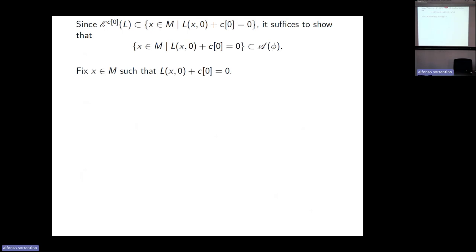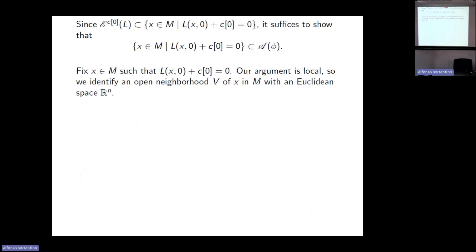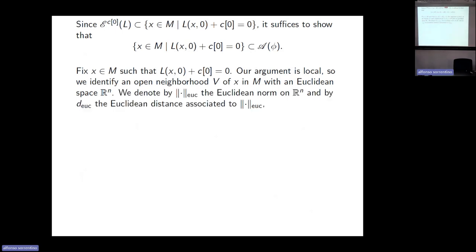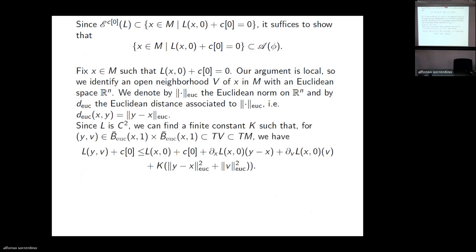Now, fix x in M such that L(x,0) plus C0 is 0. The argument is local, so we identify a neighborhood V of x in M with an Euclidean space, and we will use the Euclidean norm and the Euclidean distance on Rn, which is that open neighborhood of x. Now, L is C2.